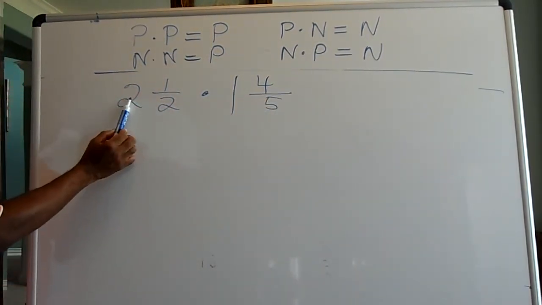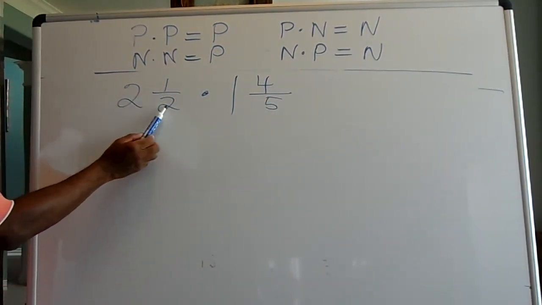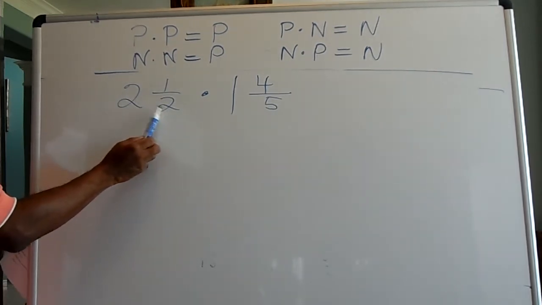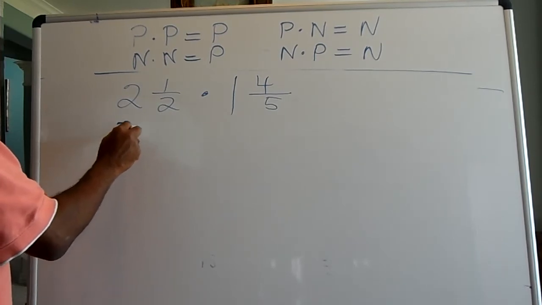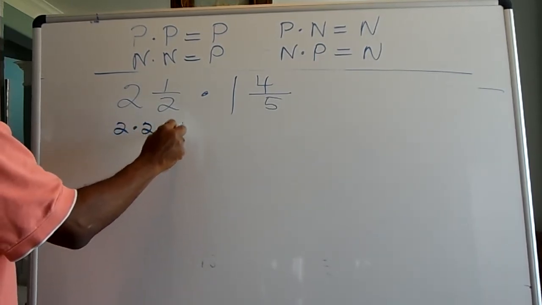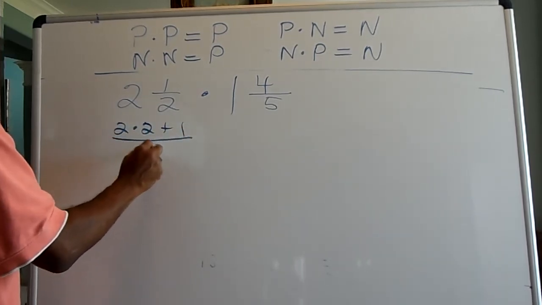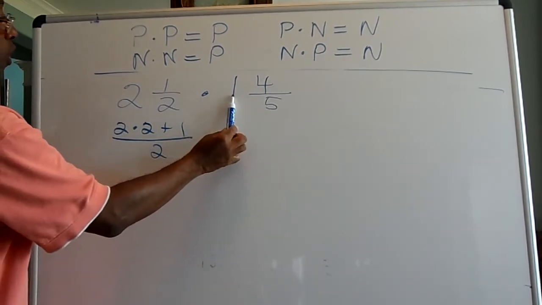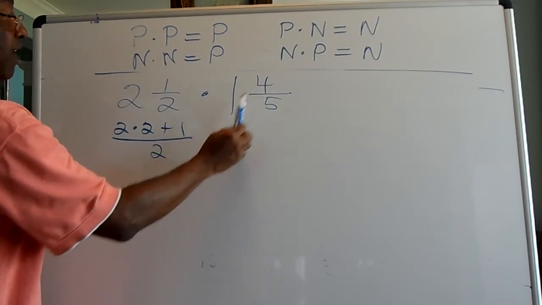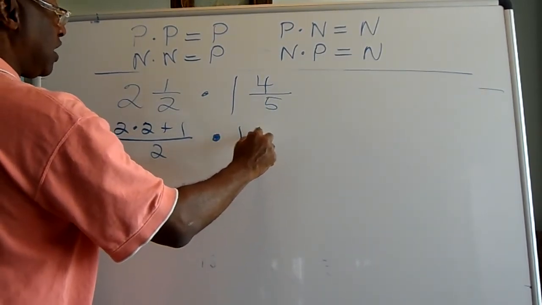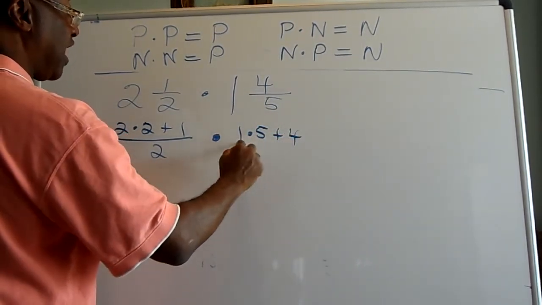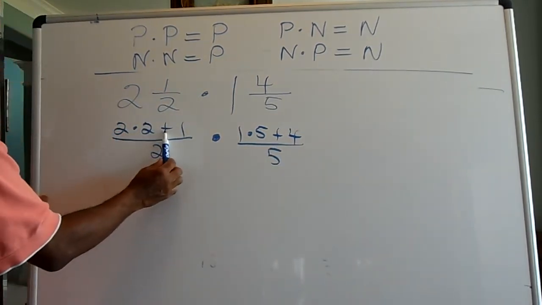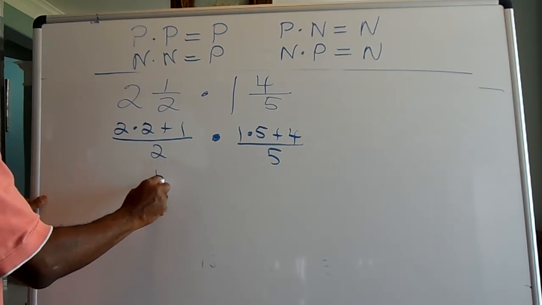What we do is multiply the whole number times the denominator and add the numerator. So 2 times 2 plus 1 all over my denominator of 2, times, again, 1 times 5 and then add 4, and put that over our denominator 5.